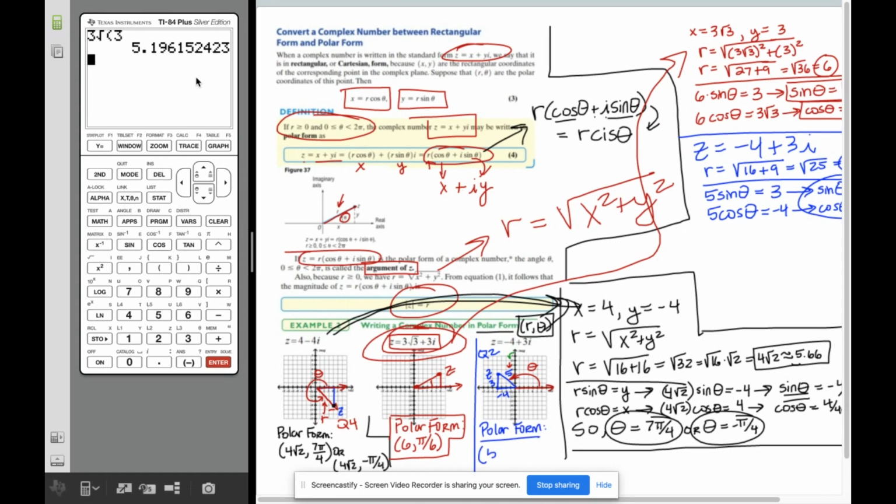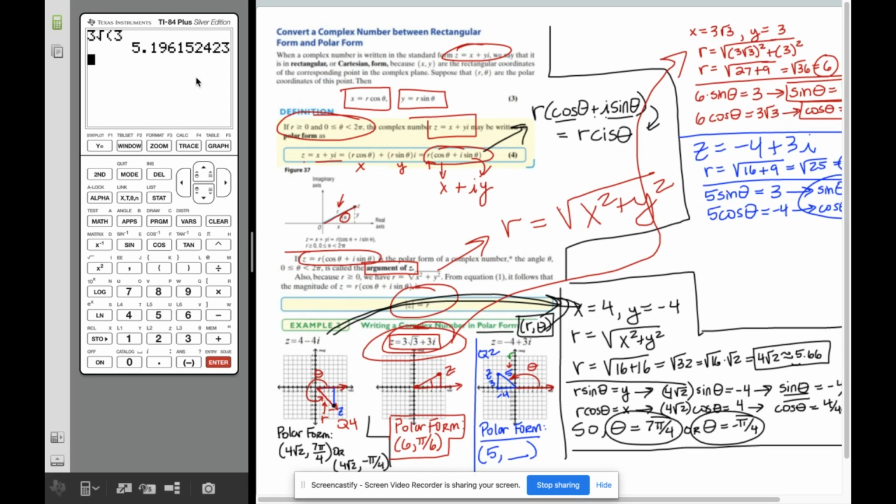Okay, r is 5. Now, to get theta, I am going to need to go ahead and use my calculator. And we'll go ahead and get this in radians, and we can just round to a couple different decimal places as we go.